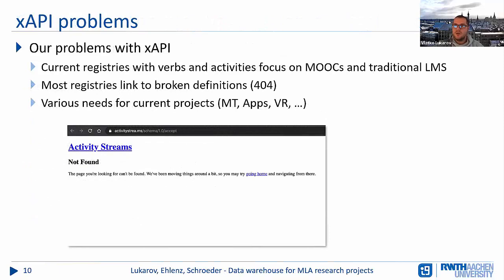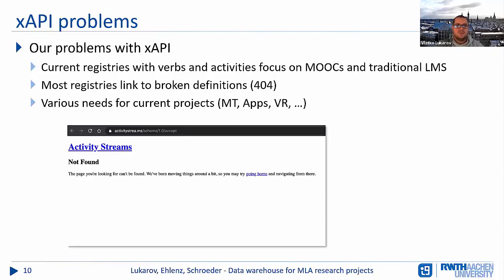Of course, not everything runs smooth in our implementation. We actually struggled with Experience API and its use, because the current registries that offer verb lists and activity lists actually focus only on MOOCs and regional learning management systems.